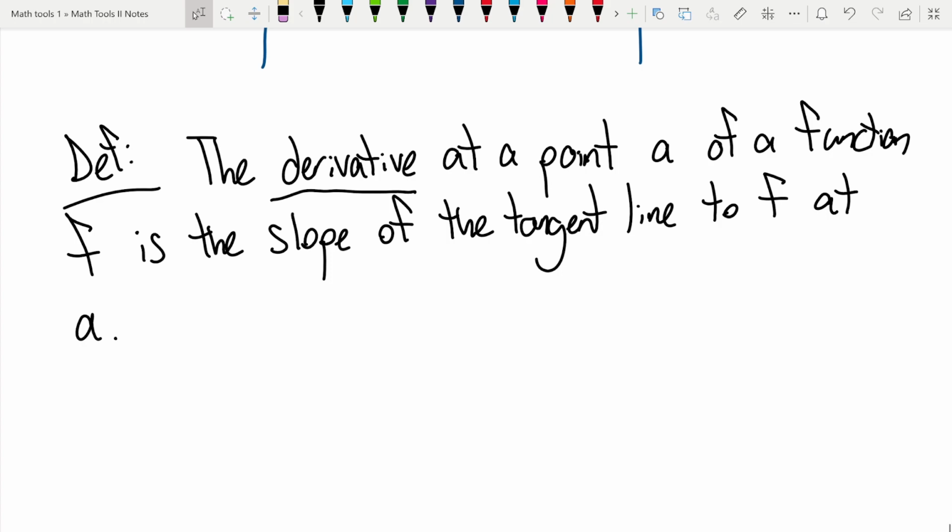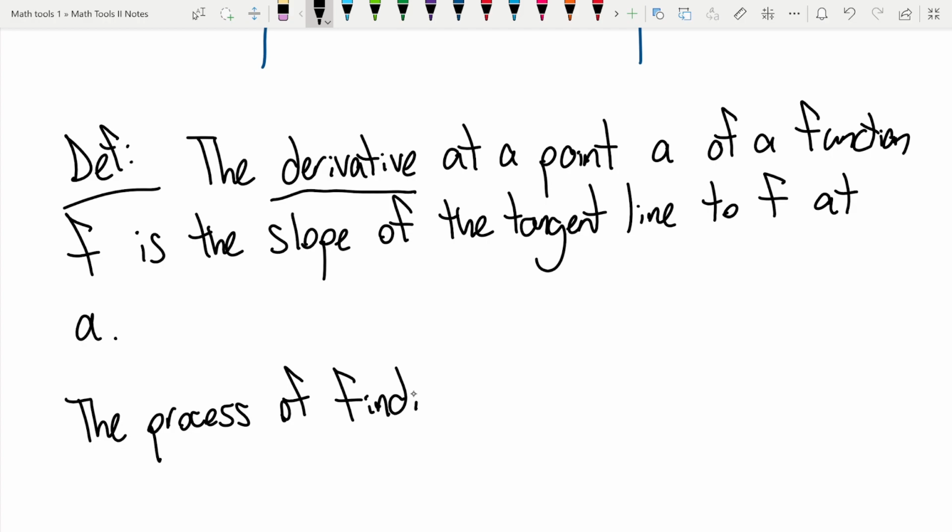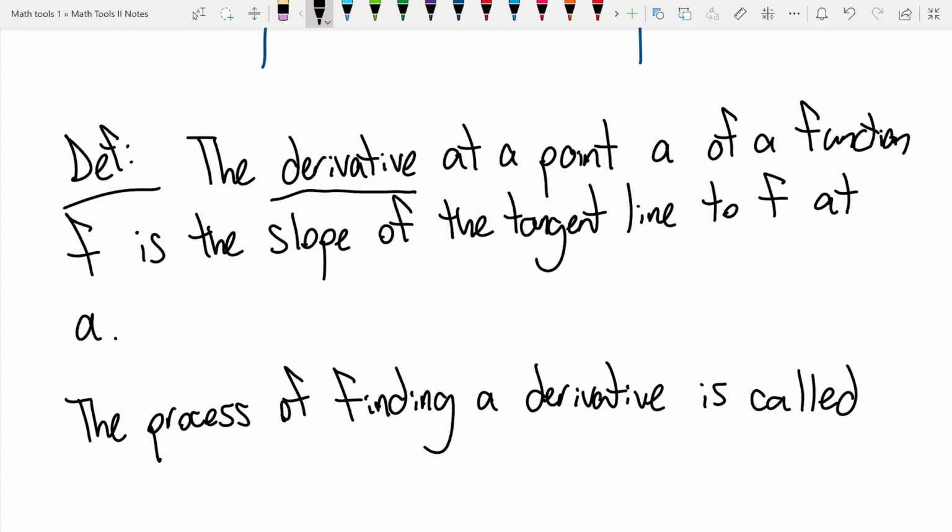Before we do that, though, let's just note here that the process of finding a derivative is called differentiation. Okay. So this is where we get the idea of differential calculus, right?